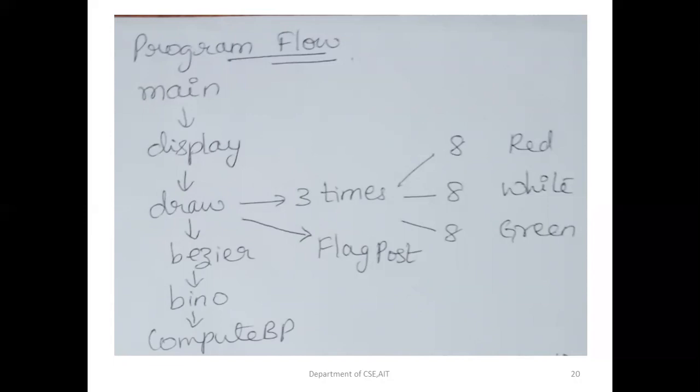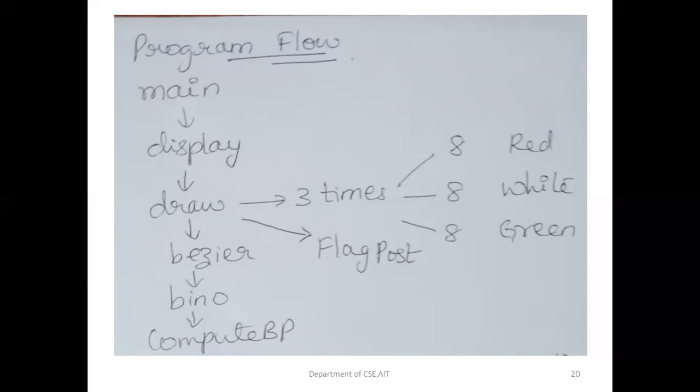Every time the draw function is called, it will draw the first set of 8 red curves, then 8 curves of white color, and next 8 curves of green color. Also in the draw function, we have the flag post drawing, that means the pole which is holding the flag will be drawn.